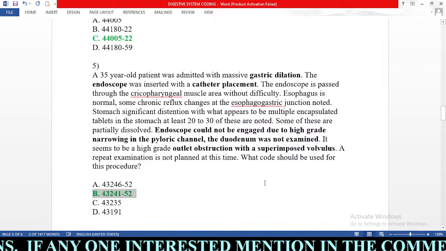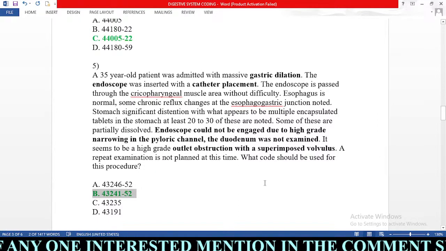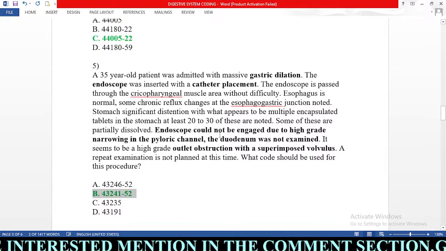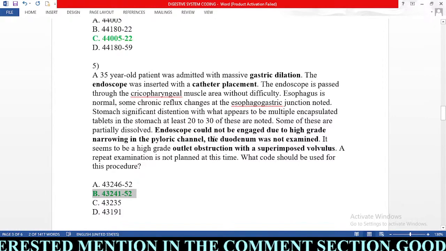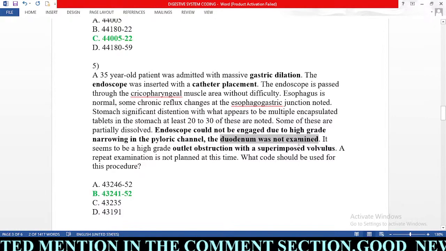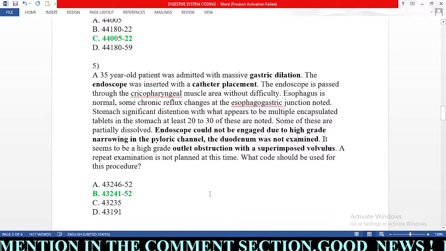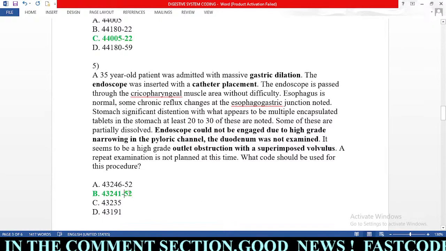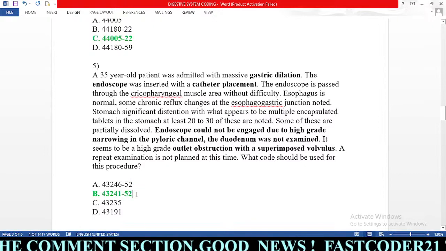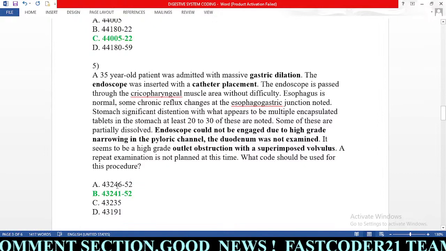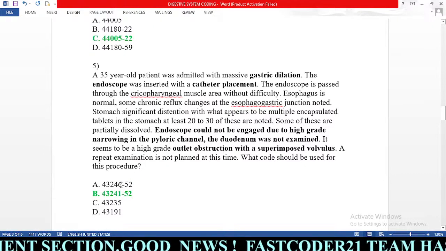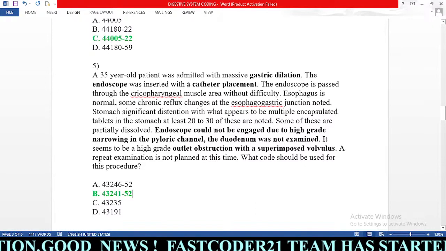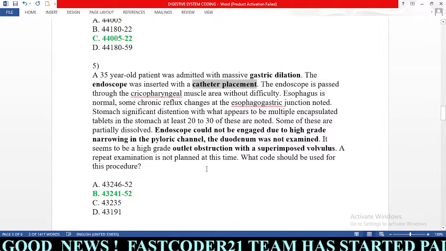In a normal EGD, the physician has to examine the complete duodenum. But in this question, the physician has mentioned that the duodenum was not examined. So we will consider it a reduced service and we need to append 52 modifier for 43241. Basically 46 is for gastrostomy creation, 41 is for EGD with catheter placement.